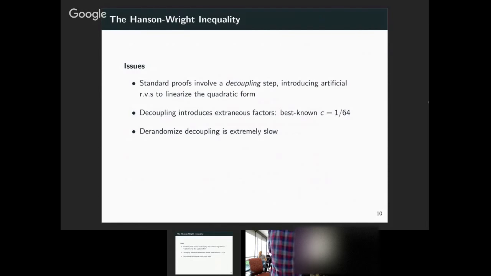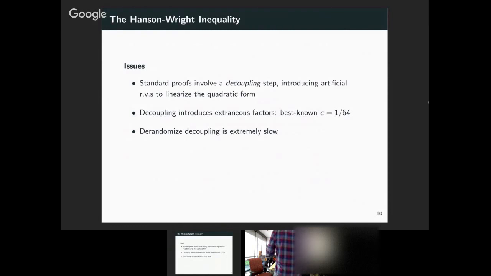So somehow it's trying to reduce this quadratic concentration to something that looks more like a linear concentration. But that introduces some artificial random variables. So you're picking some Bernoulli random variables on top of this quadratic form, and this introduces some extra variance. So there's no way that this proof technique is going to give you something sharp.